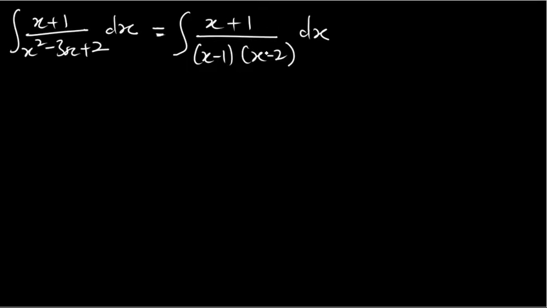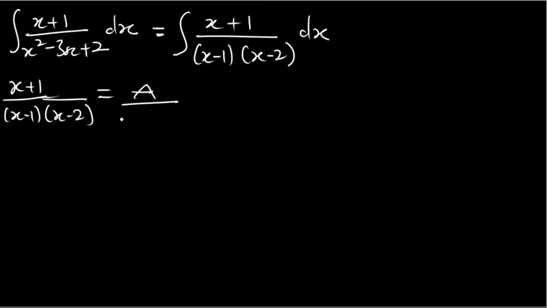From partial fractions, I can say that x plus 1 on x minus 1, x minus 2 is the same as, since they are just linear factors, a on x minus 1 plus b on x minus 2 in this form.